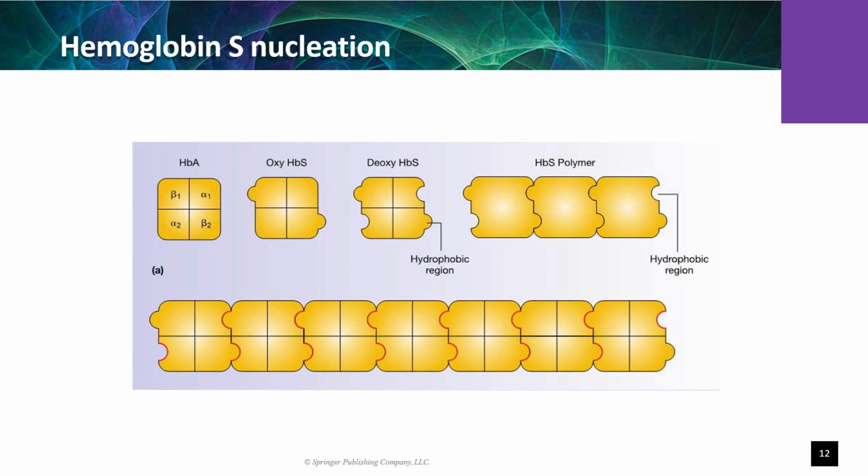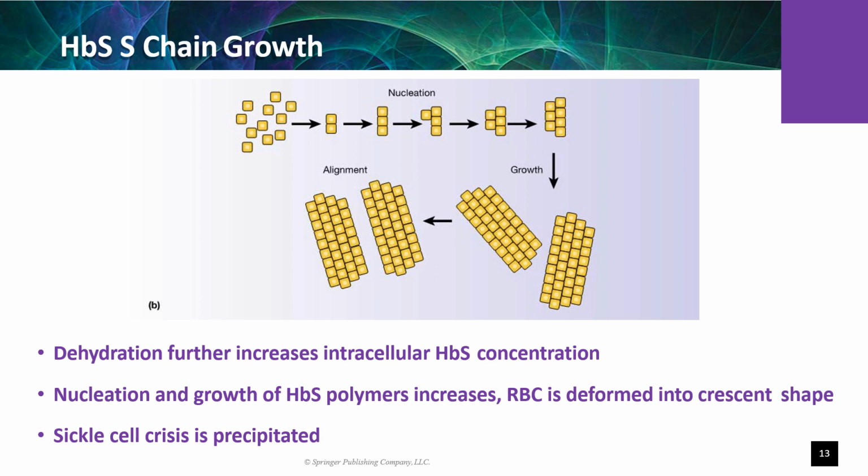This process will repeat until long polymers of hemoglobin S molecules are produced and deform the red blood cell into the elongated sickle shape. Dehydration further perpetuates the hemoglobin S concentration.